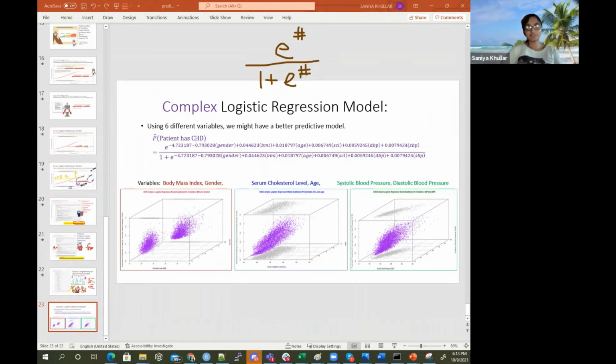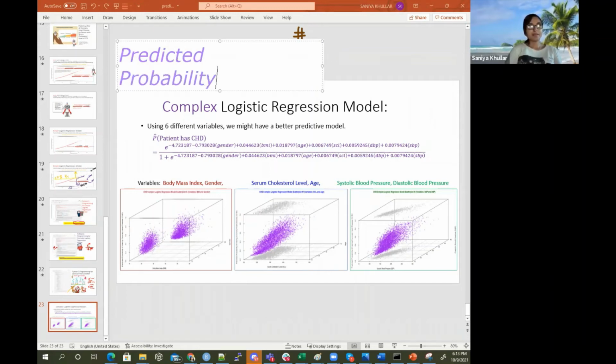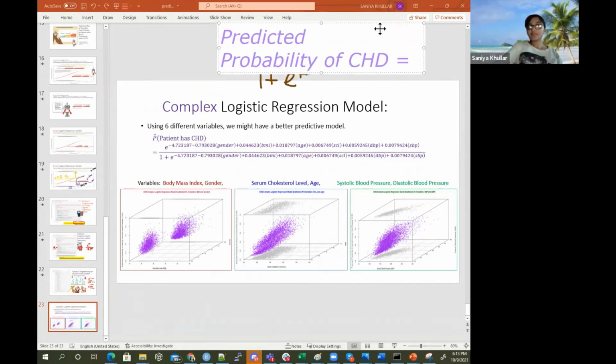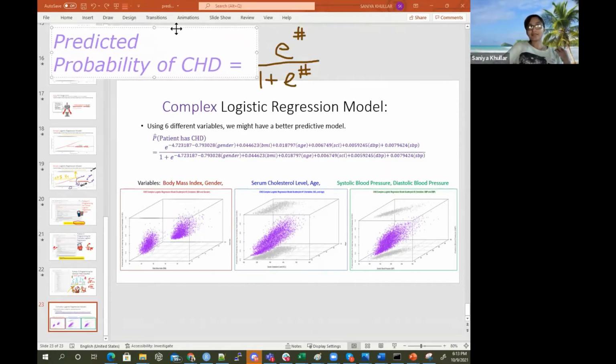Let me try drawing it. And that's what our logistic regression gives you: a predicted probability of CHD, for instance, or of getting into a college, whatever it is that you're interested in. It's giving you the predicted probability of that. Does that make sense to you?